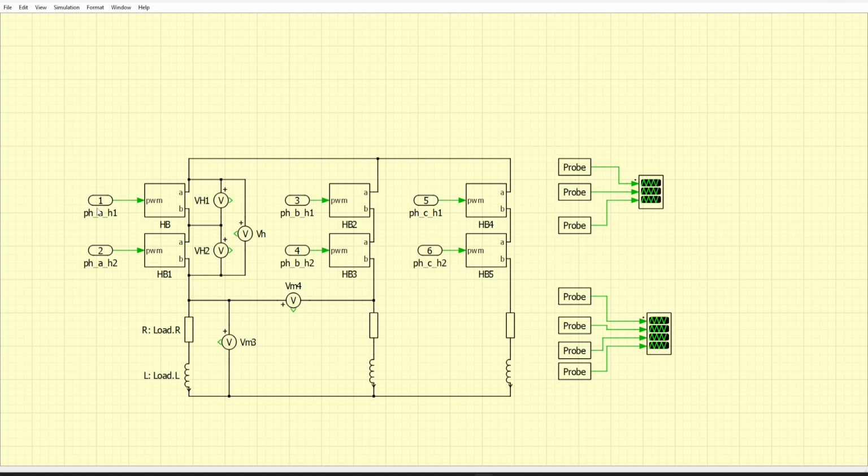And you see the generated pulse width modulations are then separated for each individual bridge here. So this is phase A H1, phase A H2. For phase A in general, we have two input signals that we take from the Simulink, and also the same for phase B and C.